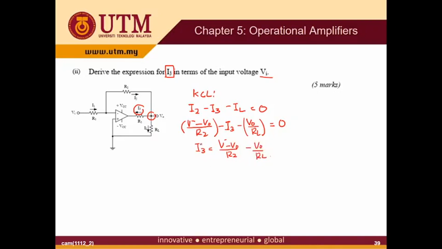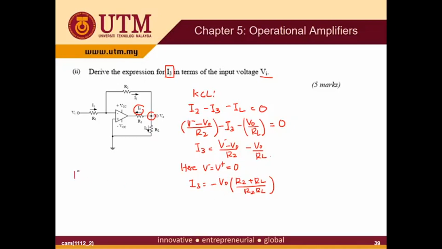you know that V plus is equal to V minus, and V plus is 0. So I3 is equal to minus Vout times R2 plus RL over R2 RL. The question asks you to derive in terms of Vi, not Vout, so for Vout you can use the previous answer.